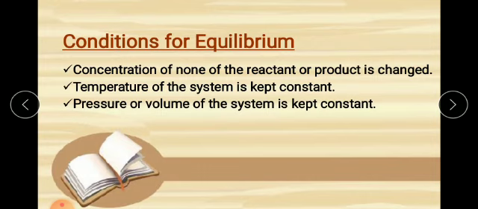This means that temperature should not be changed. Condition 3 is pressure or volume of the system is kept constant. This also means that pressure or volume should not be changed. The third and second conditions can only be met in a closed container, because in a closed container no amount of heat can leave or enter the system.